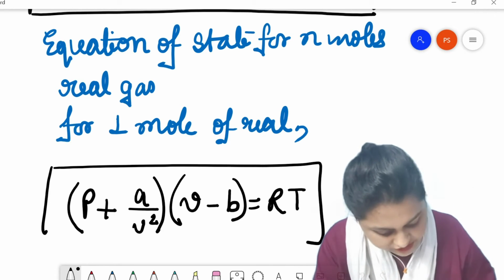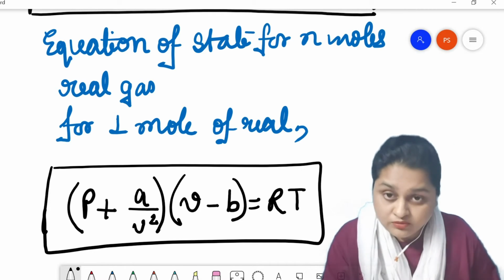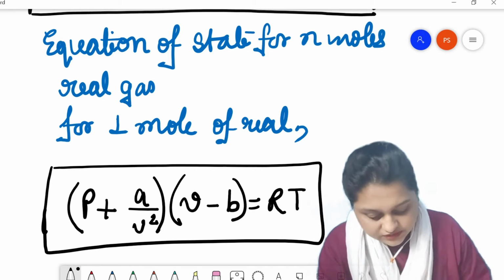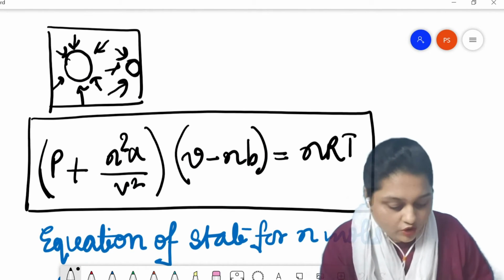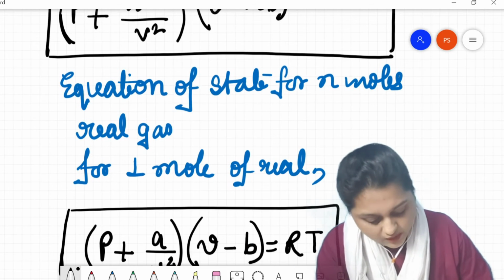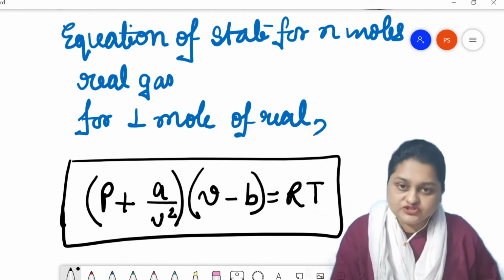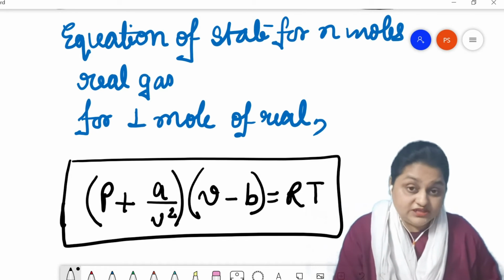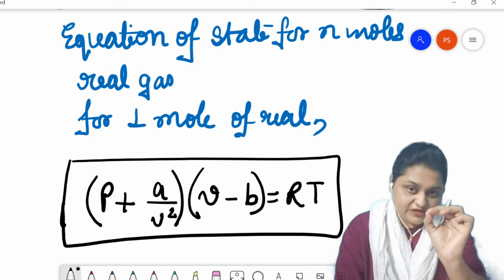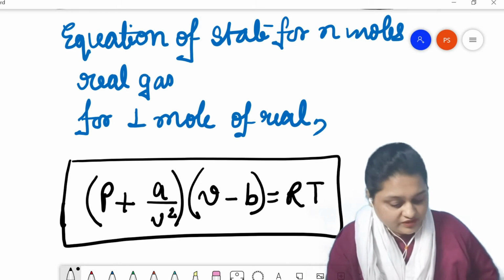This expression is the equation of state for 1 mole of real gas. Now n²a/V², or for 1 mole of real gas a/V², is known as the pressure correction factor, and in V − b, this b is known as the volume correction factor.